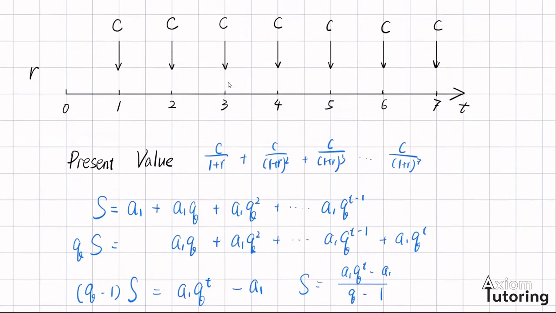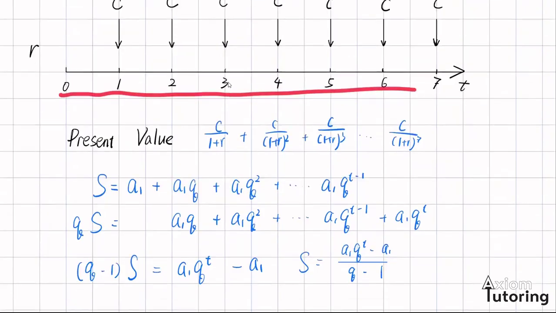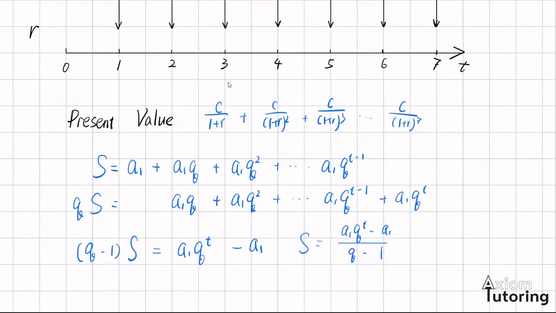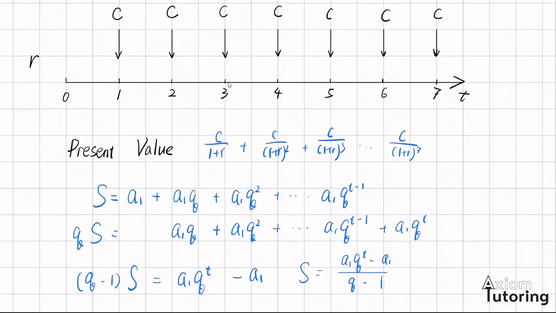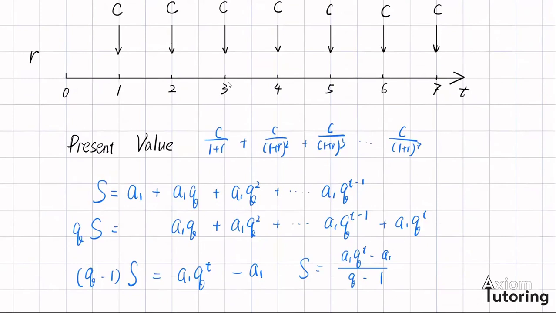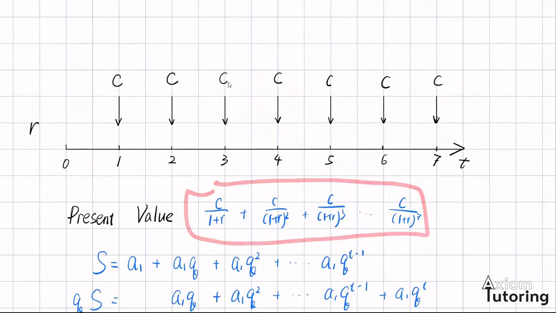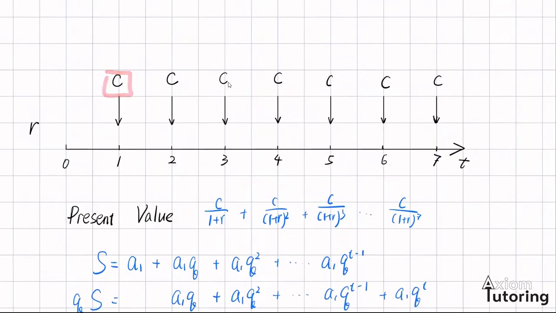For our income stream, we can use this result to calculate the present value. But notice there's a difference. This expression for S begins with a1, which does not have a q term. The first cash flow does not happen at t equals 0, because you won't have to discount a t equals 0 cash flow.